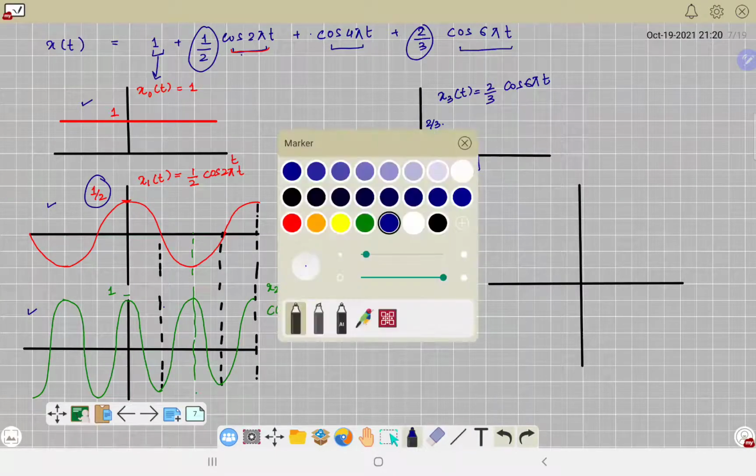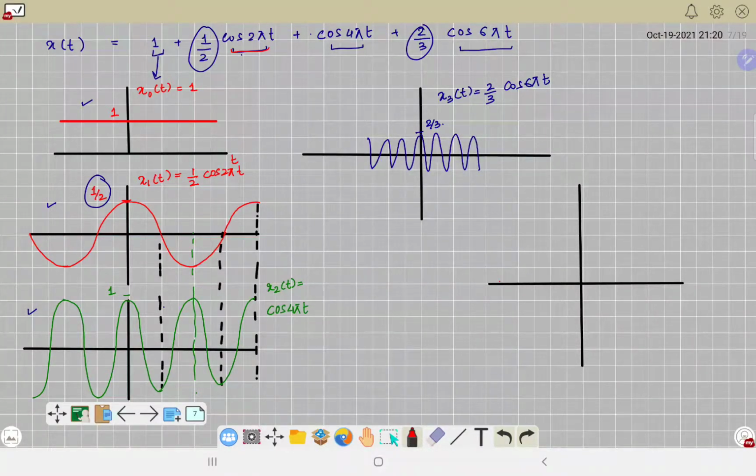Again I'm going here, something like this, then it will drop down, then a higher peak. Fine. The overall signal will also be periodic with the period T, and these are the individual components which, please remember, are harmonically related. Harmonically in the sense that their fundamental period or fundamental frequency are related to each other through a scaling factor k.